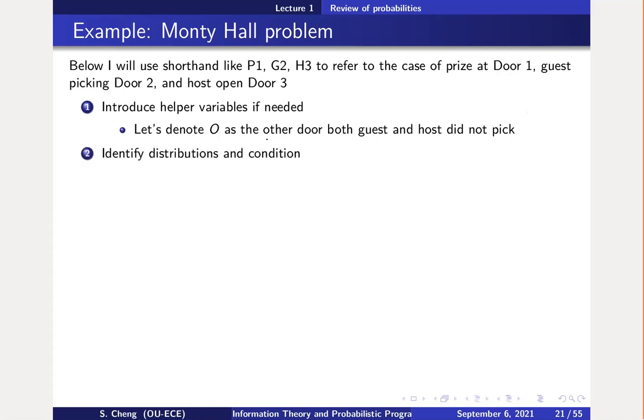Now I will try to identify all the distributions and conditions. These include, for example, that P and G are independent. Where the prize is and where the guest picks the door should be independent. The guest has no information at the beginning and has no idea which one to pick, so P and G should be independent.